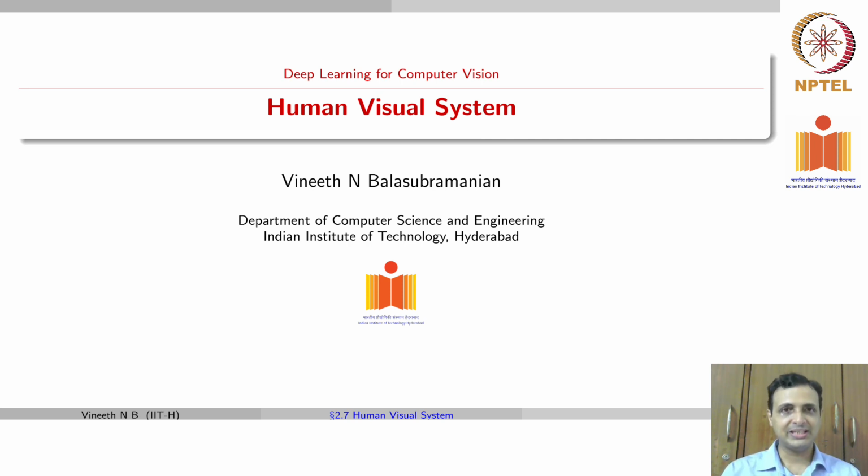To some extent, we'll see now how this approach is similar to how the human visual system processes images. It's not exactly an imitation, but there are similarities in how these methods were used to process images versus how things happen in the human visual system. So to complete that, let's look at a slightly detailed view of the human visual system.